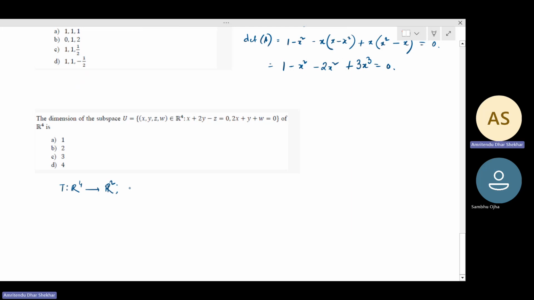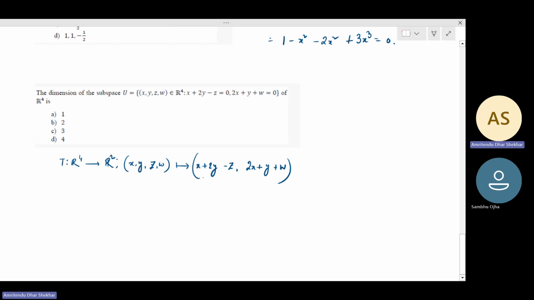What this map does is it takes x, y, z, w and sends it to x plus 2y minus z and 2x plus y plus w.